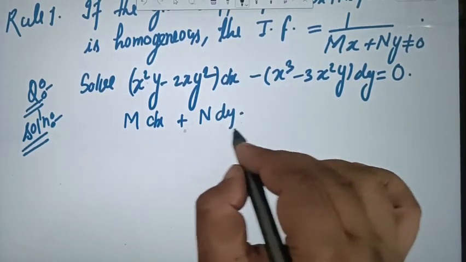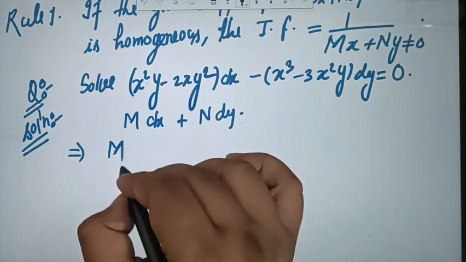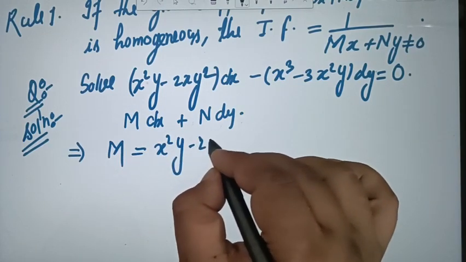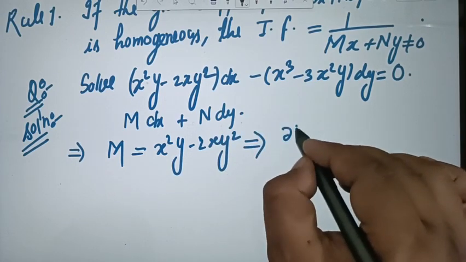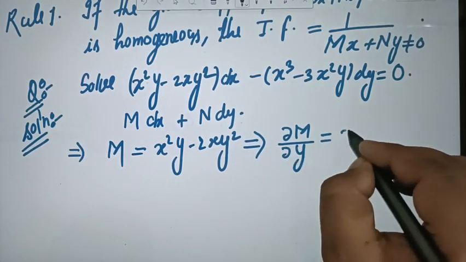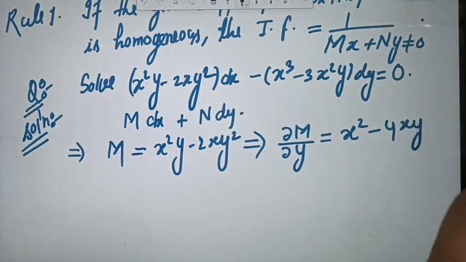On comparing with the general format, we write here the value of m. What about the value of m? Value of m is x square y minus 2x y square, and partial differentiated with respect to y, it is del m over del y, which can be written as x square minus 4xy, right?